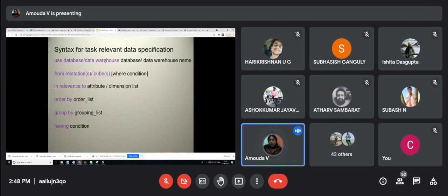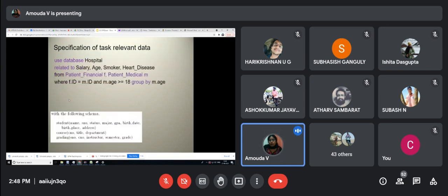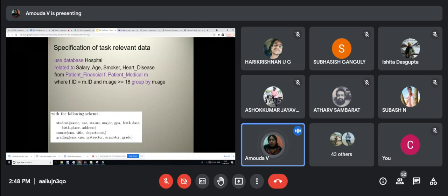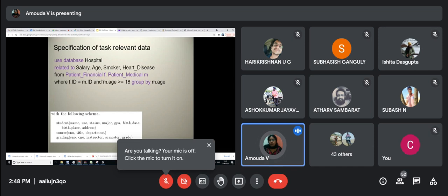So, we are using the database, the relation is mentioned and the attribute is mentioned, and you are selecting the condition from this one. We have to look for the tuples in these tables which have a common ID. Only when they have a common ID, then you look for the age and group them by age. This is one example.